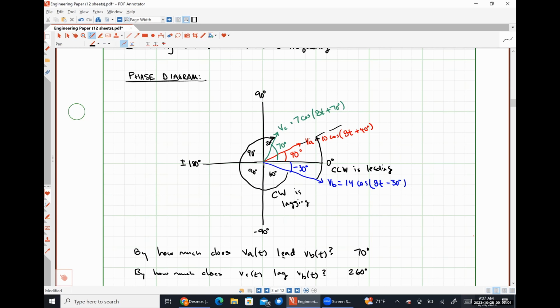I will give you one caveat, and this has specifically to do with WebWork. WebWork is an idiot. This process is 100% correct, but WebWork may tell you that your answer is incorrect. Let me explain why. WebWork does not fundamentally know that 0, 360, and negative 360 represent the same angle.